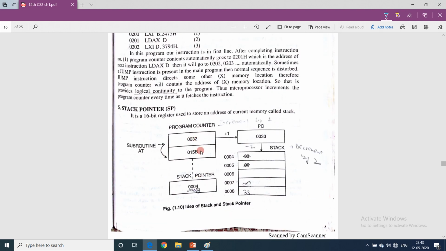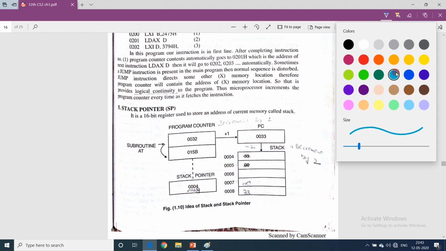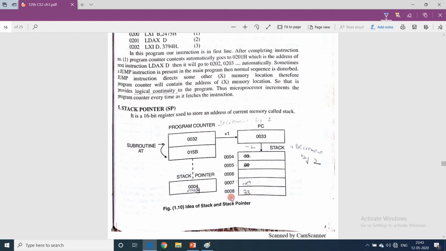I want you to make a few corrections here. Whatever is written over here, just assume that 0009 is here. Do the corrections in the textbook, then only it will be clear to you.